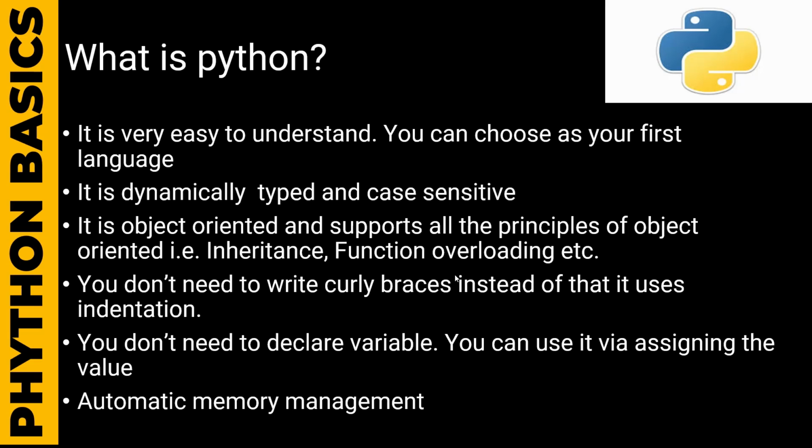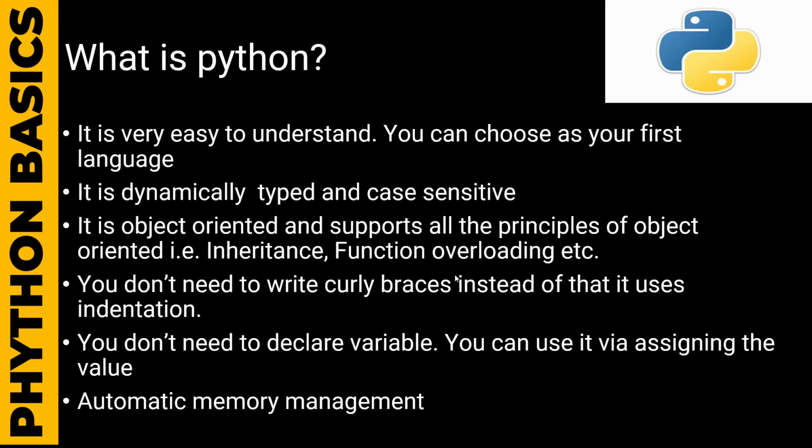It is an object oriented language and it supports all the principles of object oriented programming, i.e. inheritance, function overloading, etc. And the most important thing I like about Python is you don't need to write curly braces. Instead of that, it uses indentation for understanding the control structure or loop structure.